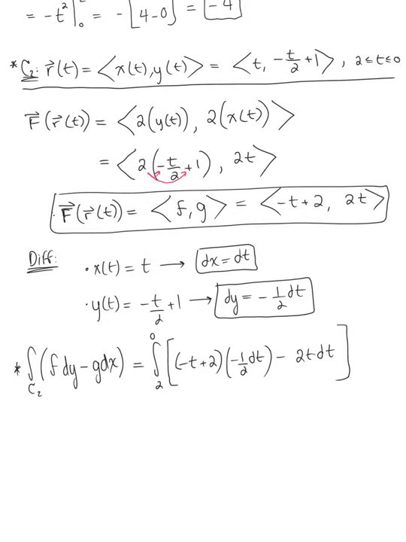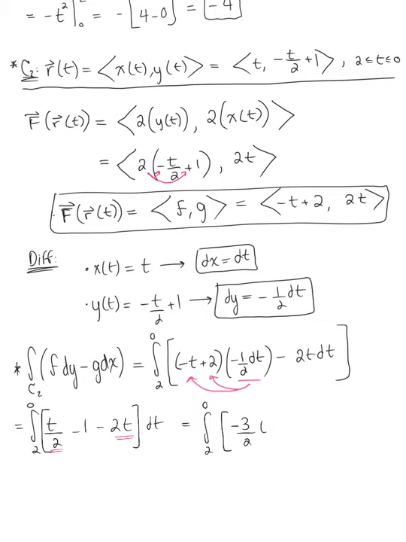And so simplifying this, we have the integral from 2 to 0. Again, we're going to distribute it through to both pieces, which leaves us with t over 2 minus 1 minus 2t. And I've factored that dt outside. We'll need to get a common denominator here to combine these two t terms, and this becomes the integral from 2 to 0 of minus 3/2 t minus 1 dt.